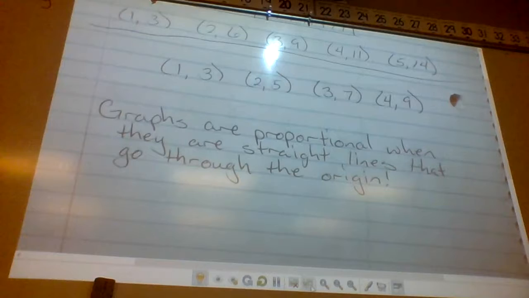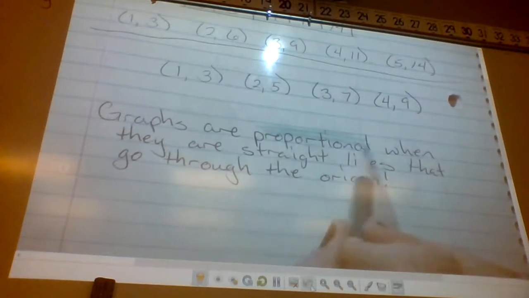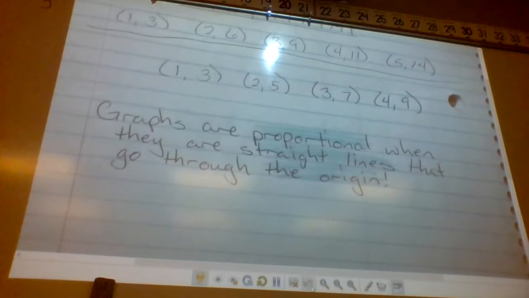That's the biggest thing we had to know all day today. That's what you need to know. Graphs are proportional with straight lines through the origin. So if it's a straight line, but it doesn't touch the origin, what is it?